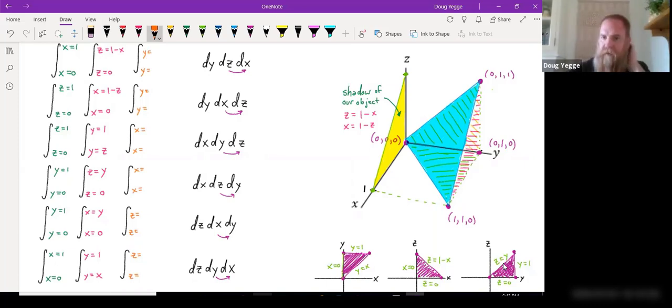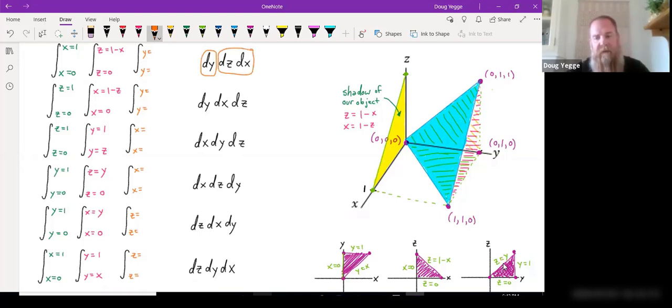Okay, so I'd like to just start with one of these. Now, basically, in order to fill in our innermost limit, the way that we're typically going to do that is we're going to look in the other two directions. So if I'm trying to figure out what happens with the y value, then I'm going to start with the xz plane.